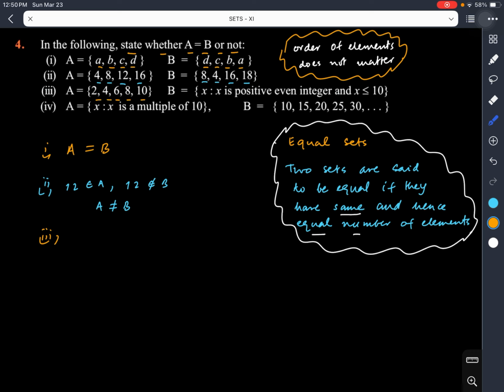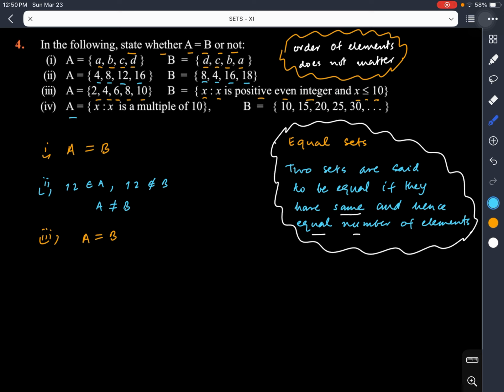Set B, which is given in set builder form, is x such that x is a positive even integer and x is less than or equal to 10. Here each of these elements in set A is positive, even as well, and less than or equal to 10. So here we can say that set A is equal to set B. Part number last.